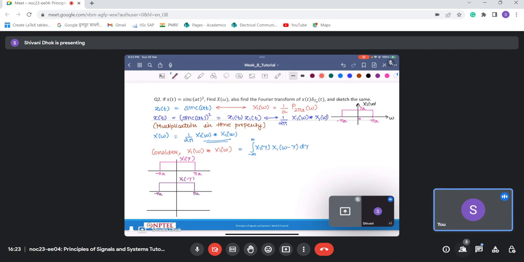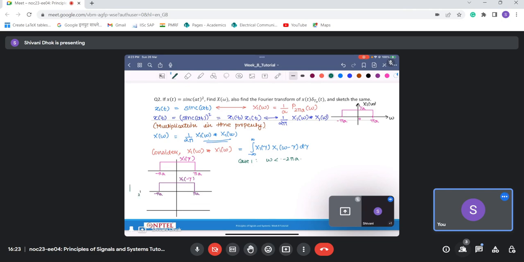Now let's consider case 1, when this omega is less than minus 2 pi a. So this is the condition, something like this.